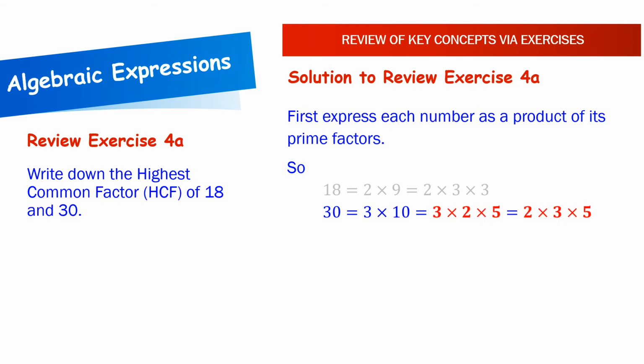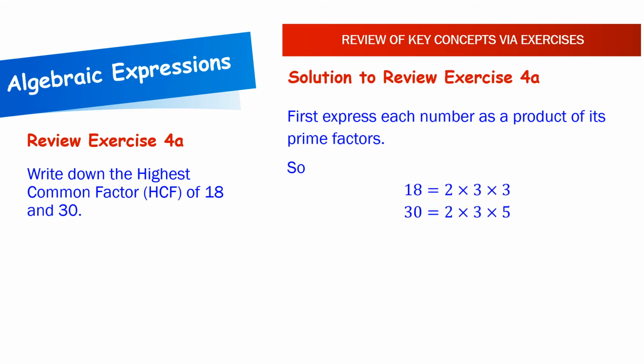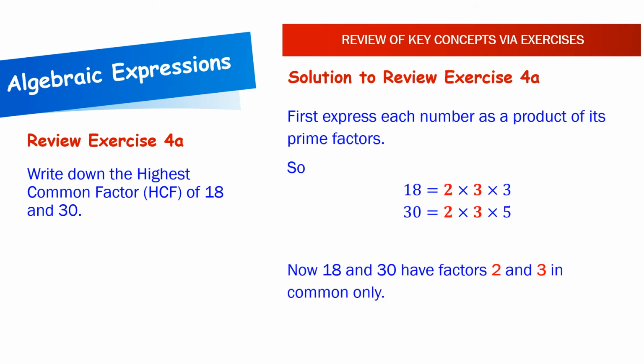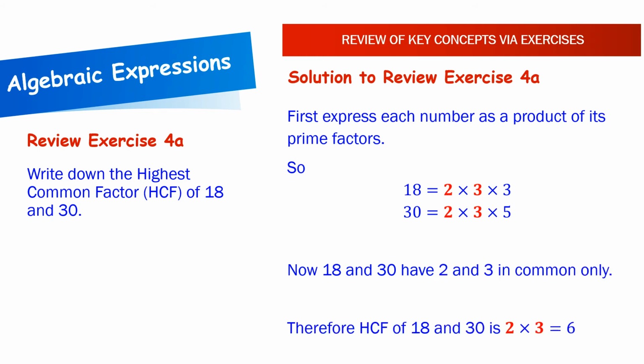It is conventional to put the numbers in order of size. Now 18 and 30 have two factors, 2 and 3, in common only. Therefore, the highest common factor of 18 and 30 is 2 times 3, which equals 6.